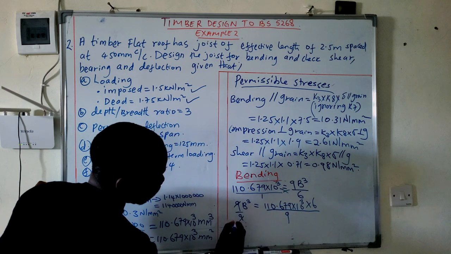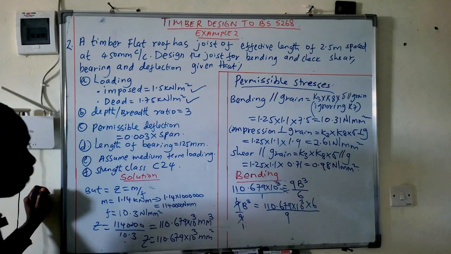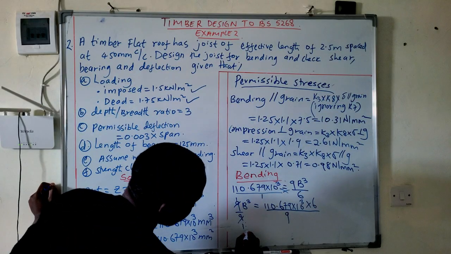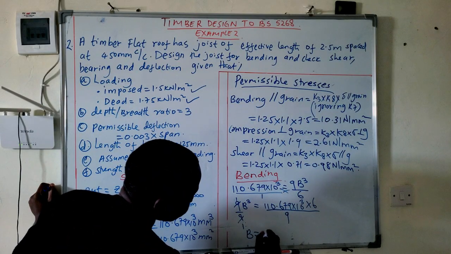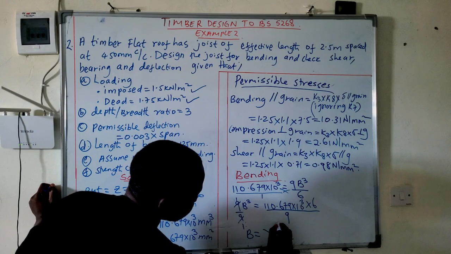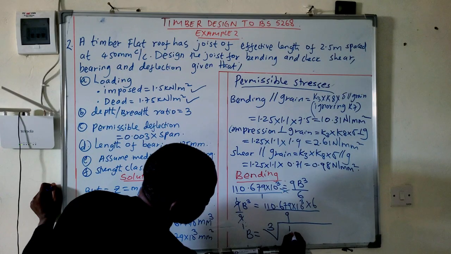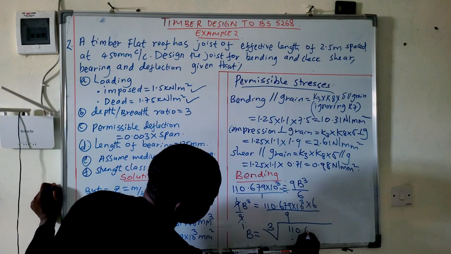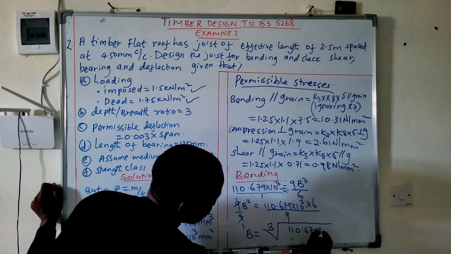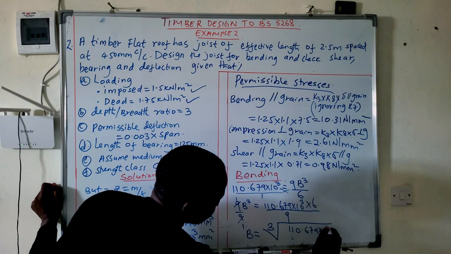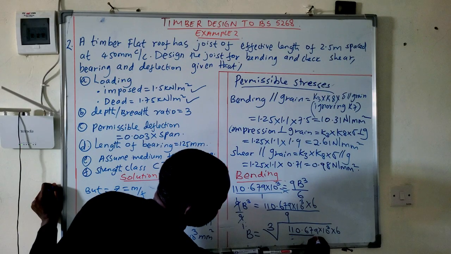So B is equal to the cube root of 110.679 times 10 raised to power 3 times 6 over 9.